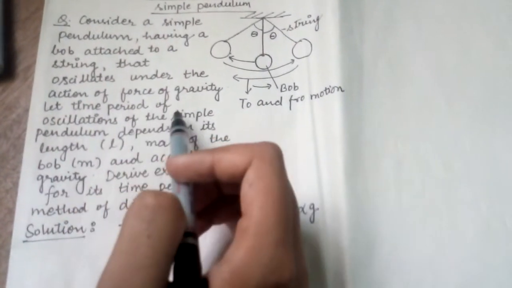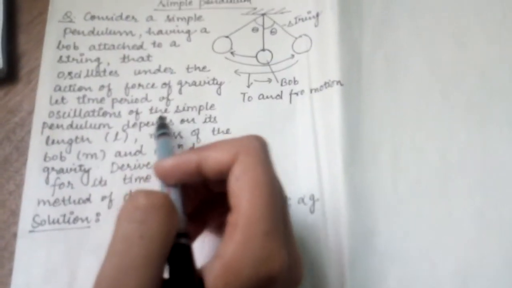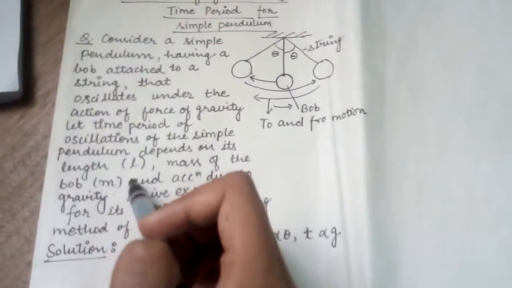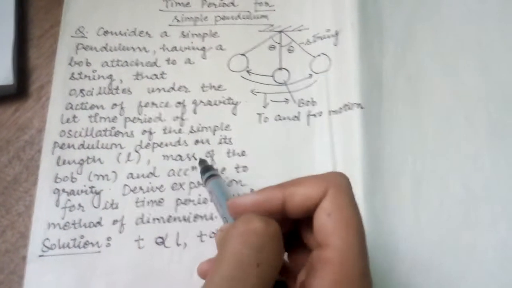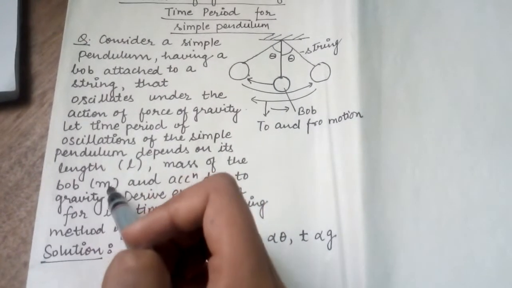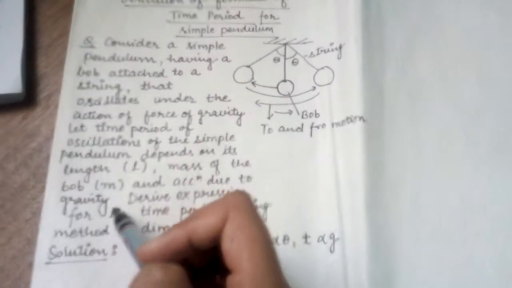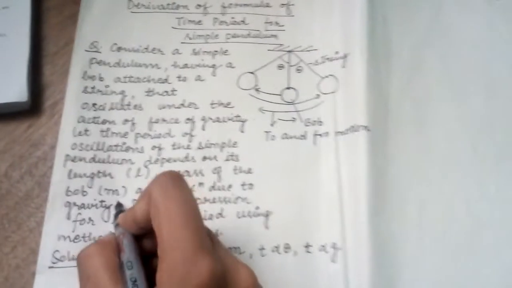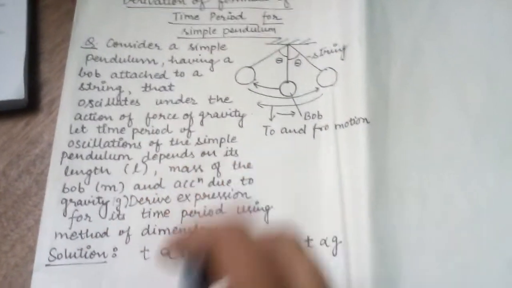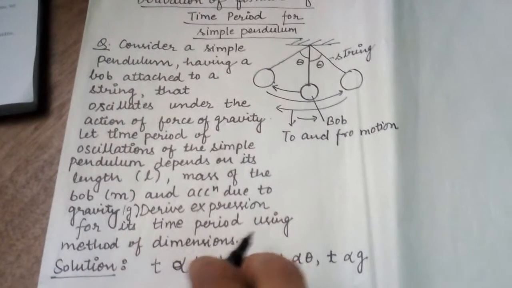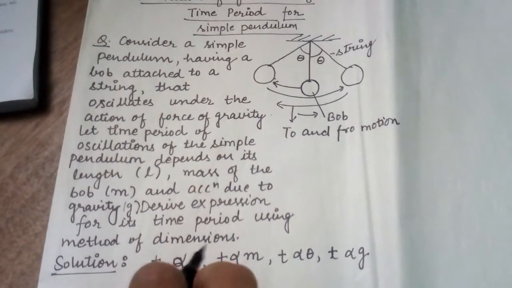Let the time period of oscillations of the simple pendulum depend upon its length, that is L, mass of the bob, that is m, and acceleration due to gravity, that is g. So derive the expression for its time period using the method of dimensions.